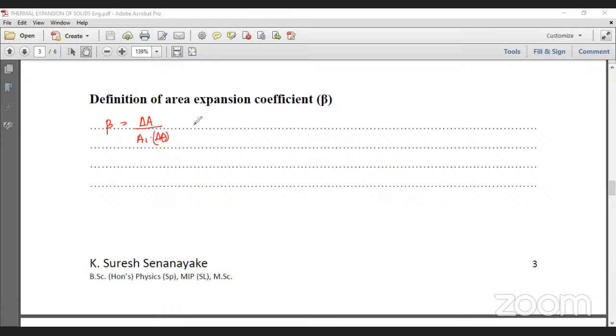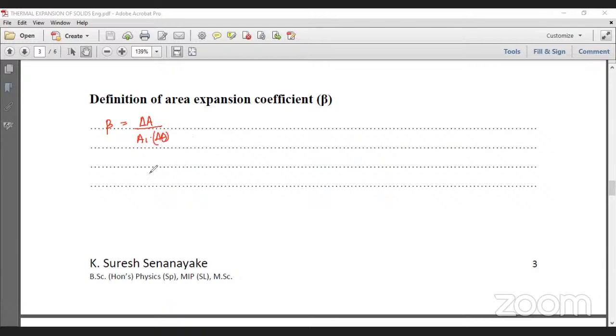As we defined alpha previously, it is the increase or decrease of area per unit area of the object per unit temperature rise, that is, per 1 Celsius degree rise.